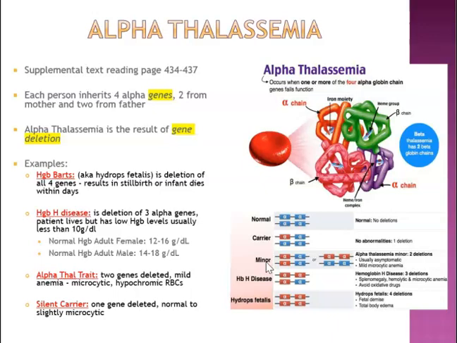And then you can also be a silent carrier where only one gene is deleted, and you usually have normal to slightly macrocytic red blood cells, and that's represented right here. And of course, your normal person without alpha thalassemia would have all four alpha genes passed from their parents.